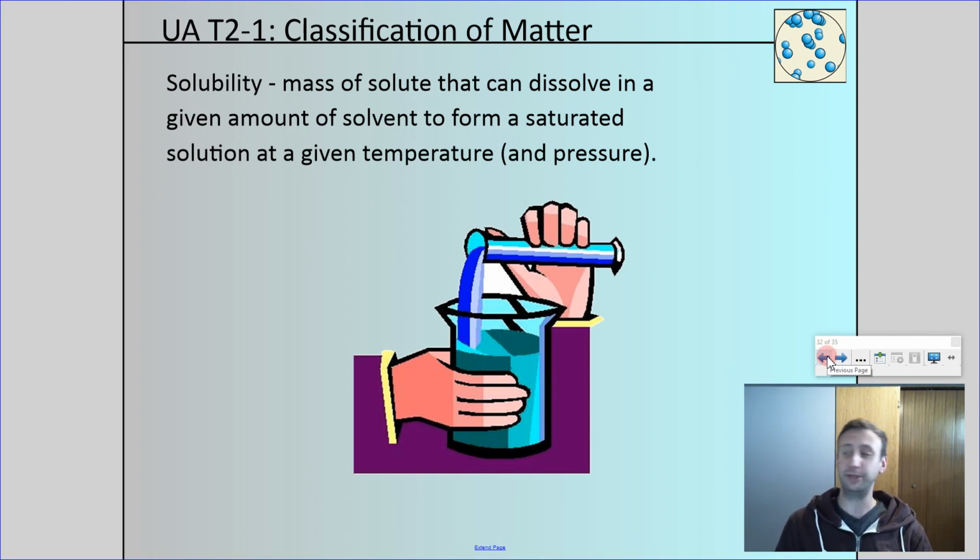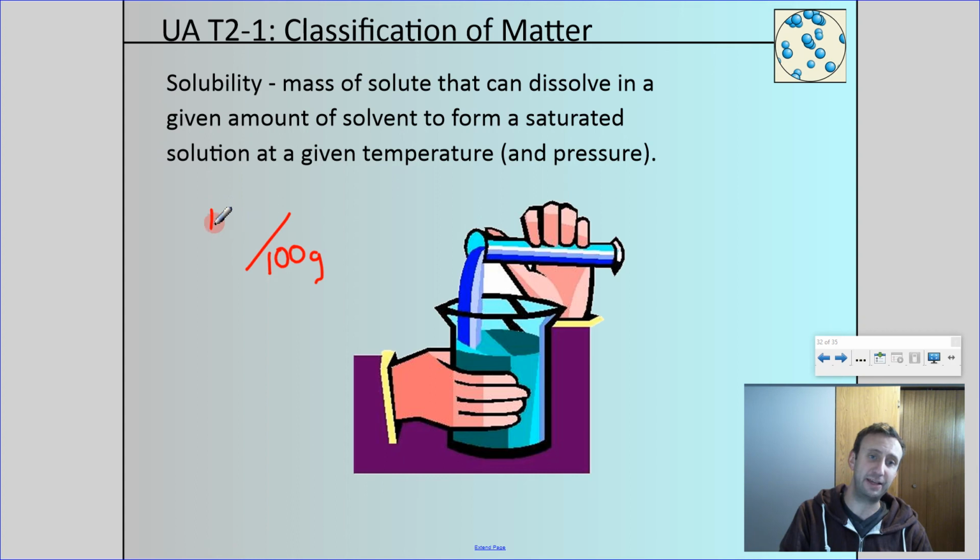All right, solubility. Getting to the end of the terms here. Solubility is the mass of solute that can dissolve in a given amount of solvent to form a saturated solution at a given temperature. So it's how much solute could possibly dissolve in a certain amount of solvent. For example, if I had 100 grams or mL of water, it's how much could actually dissolve in that 100 grams of water at, let's say, 20 degrees Celsius.